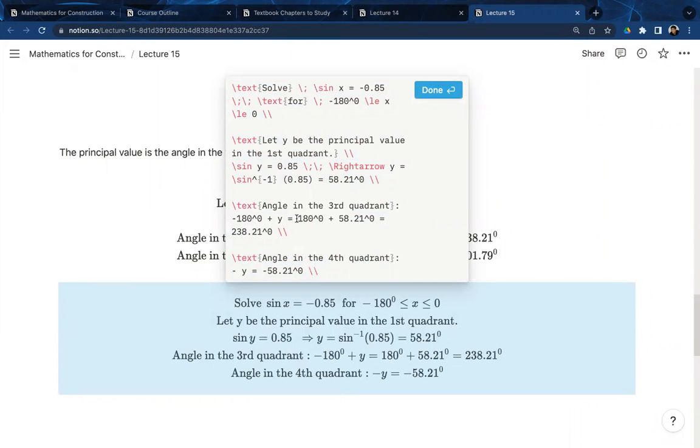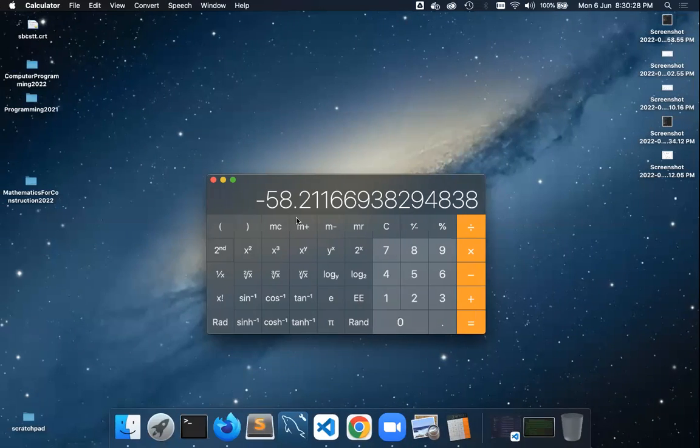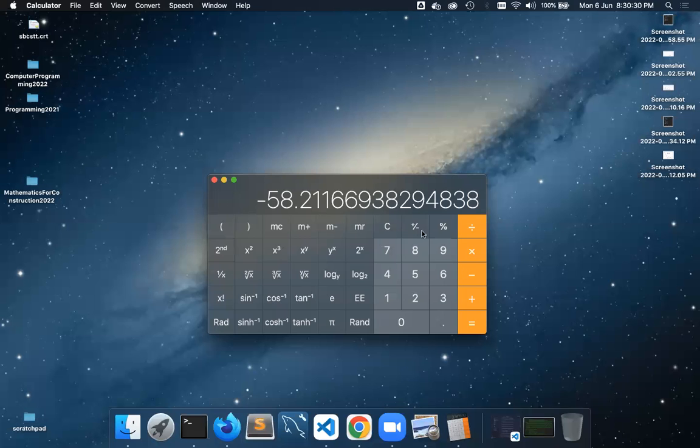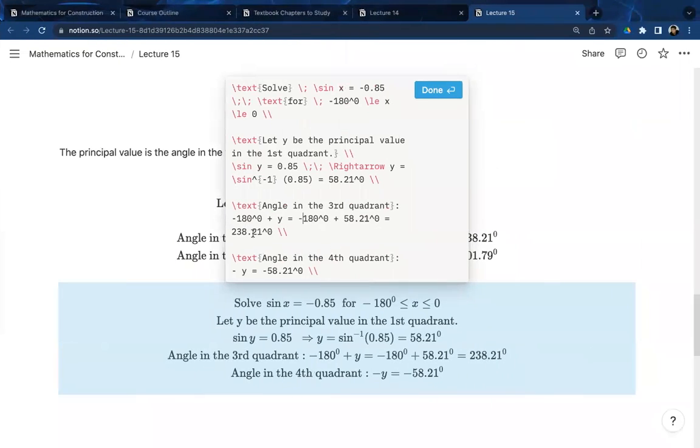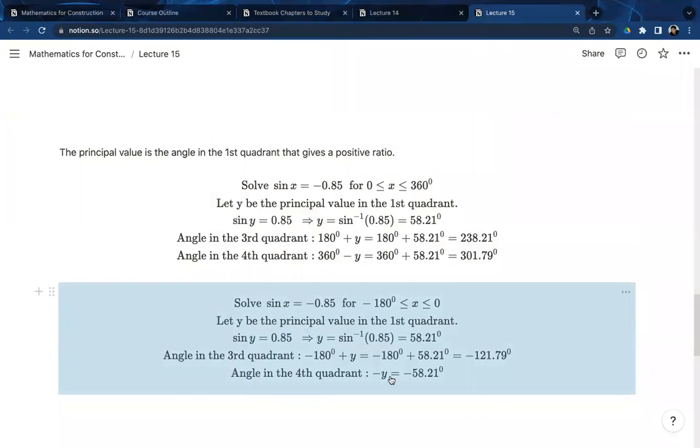So negative 180 plus 58.21. So we change the sign here, and we subtract 180 degrees. 121.79. Okay, that's the third quadrant angle.